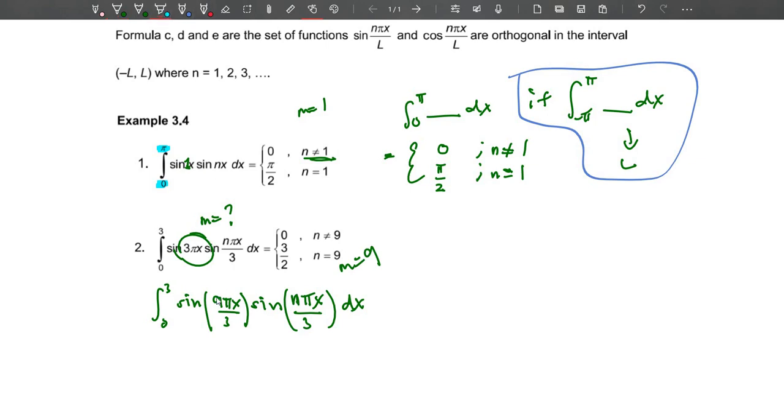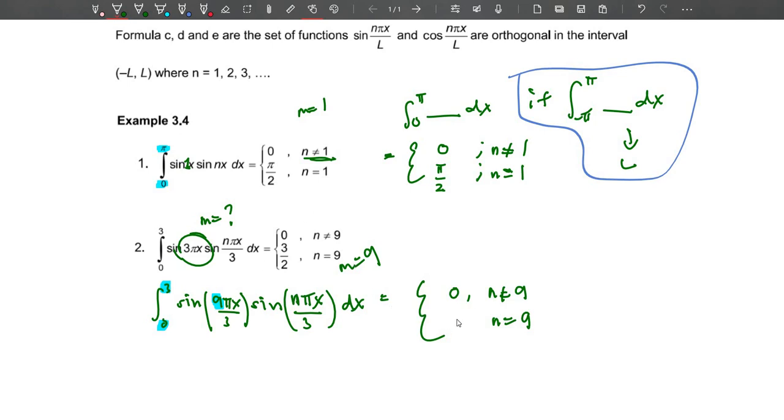Right now we have two cases here. Sorry, not m, but n does not equal 9, and the other is n equal to 9. When n does not equal 9, it's automatically 0. Next, check here. It starts from 0 to 3, not negative 3 to 3. That means it's just half range.